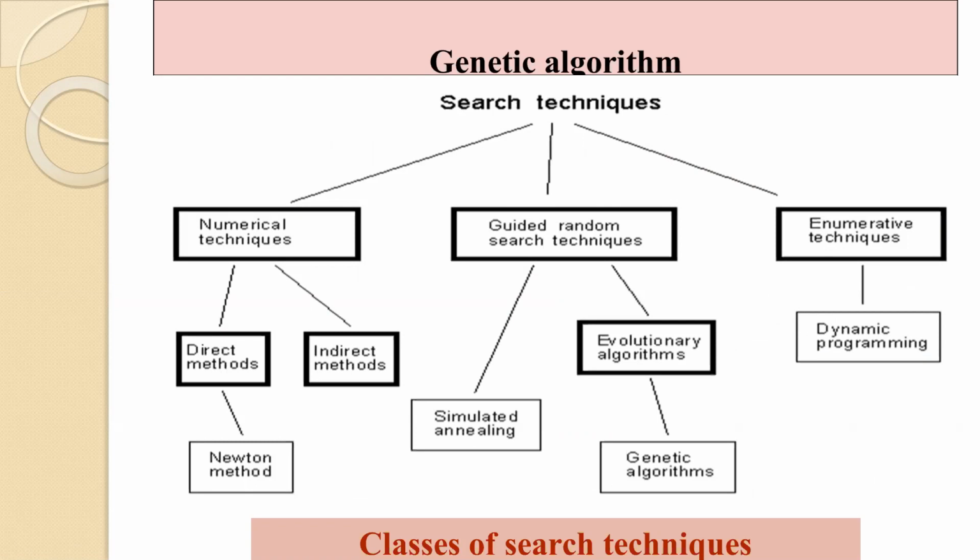Before getting into the genetic algorithm, we concentrate on how to analyze search techniques. There are various numerical techniques available, like direct method, indirect method, guided random search technique, and enumerative techniques.